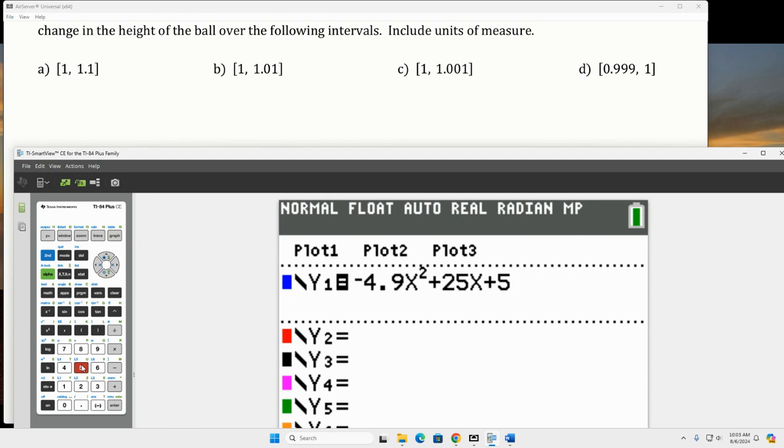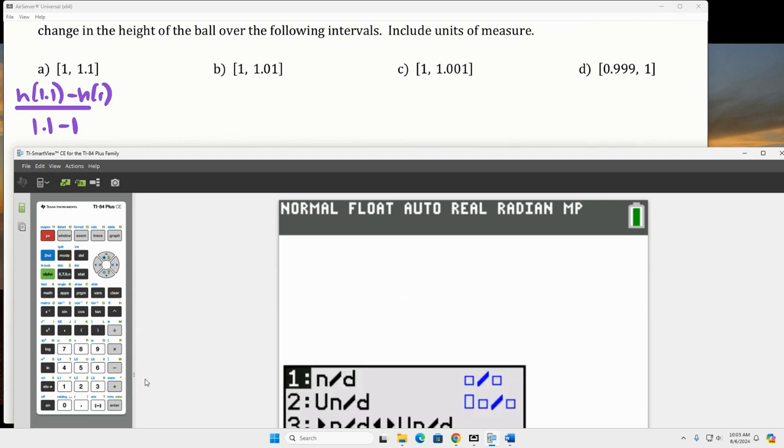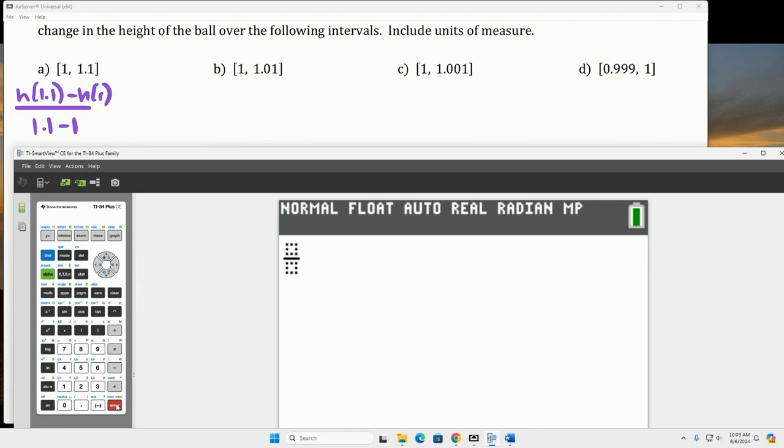So this is what we're going to do. Our function is labeled h. So we're going to do h of 1.1 minus h of 1 over 1.1 minus 1. And as long as we typed that function into y1 in the calculator, we can recreate that purple fraction, but instead of doing h, it's going to be y1.